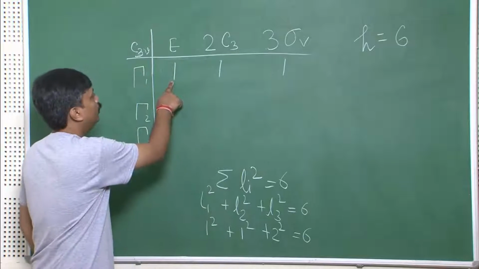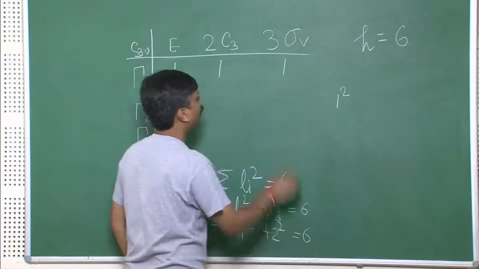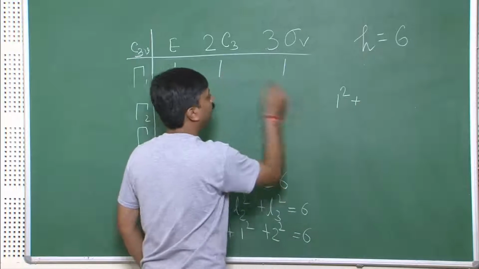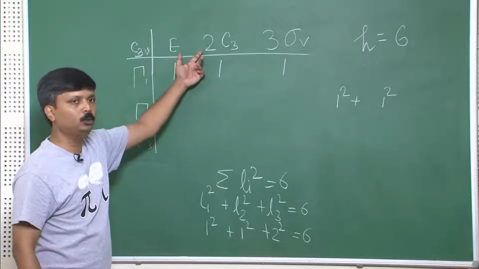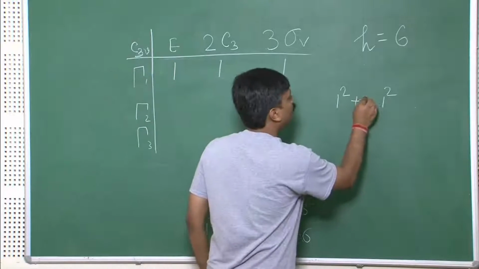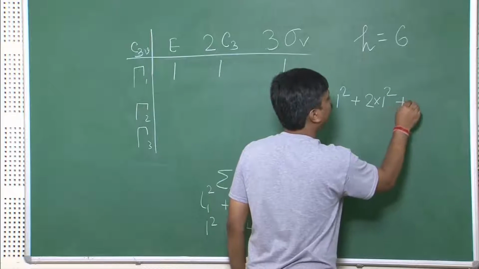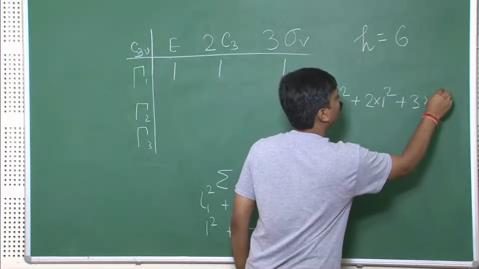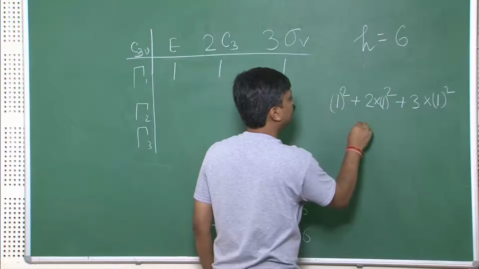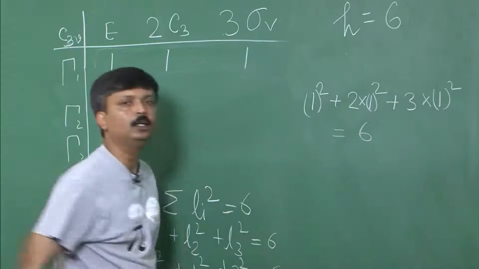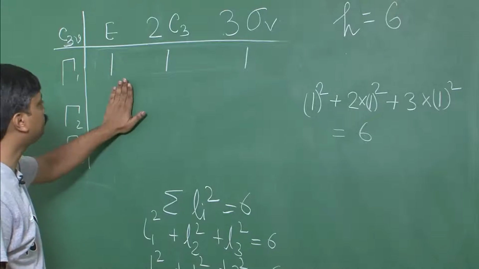So, here if we look at that, 1 square plus again 1 square, but I have to remember there are two operations here, that is why this 2 is written here. So, I have 2 multiplied by 1 square, and similarly here I have 3 into 1 square, correct. So, this is equal to 6. So, we have verified that, and we can verify it for each one of these IRs.